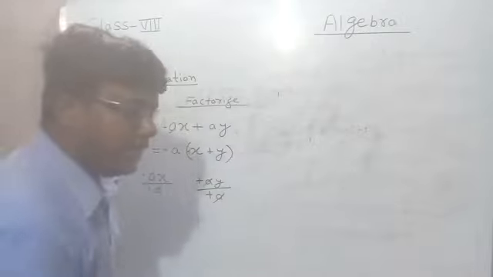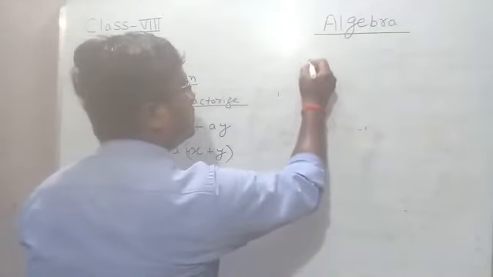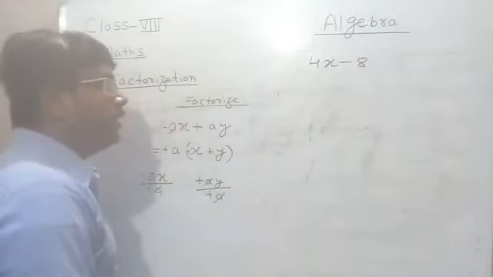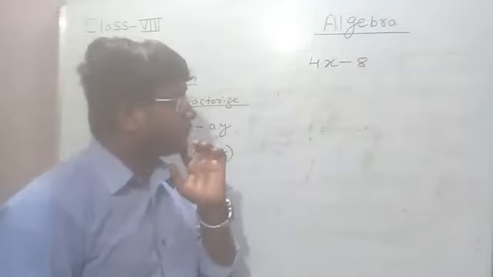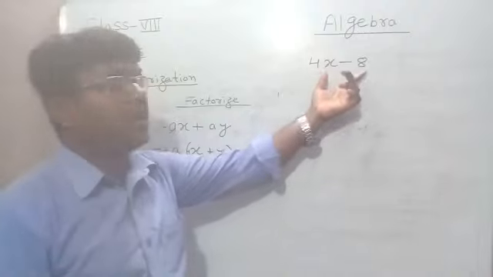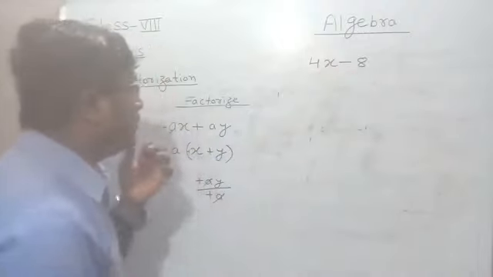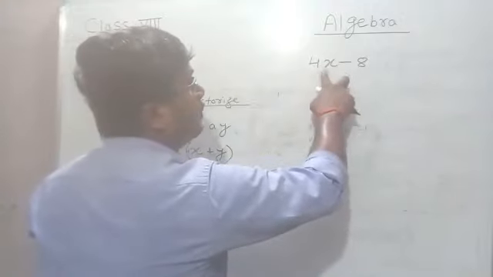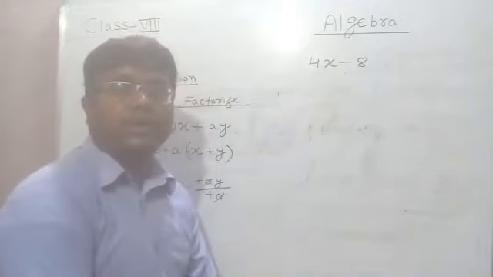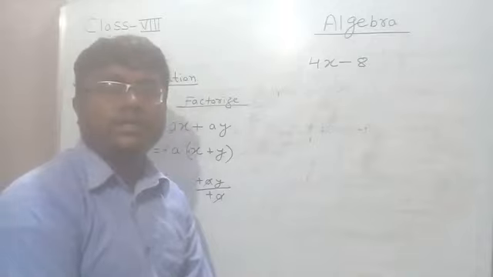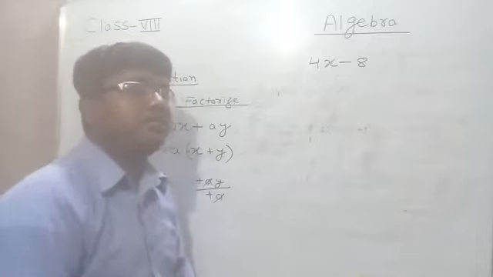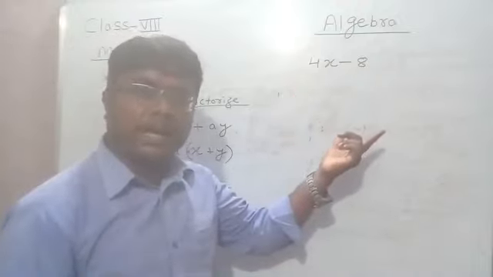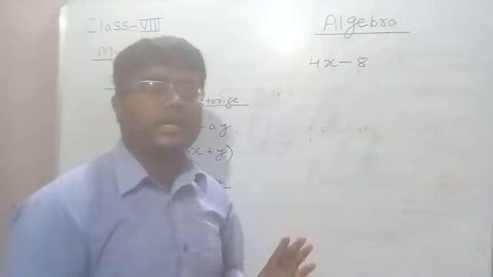Now let's see another example. Suppose 4x minus 8 is there. In 4x minus 8, what is common here? In the numbers 4 and 8, which is smaller? We know that 4 is smaller. Next, what is the greatest number that can divide 4 and 8 exactly?